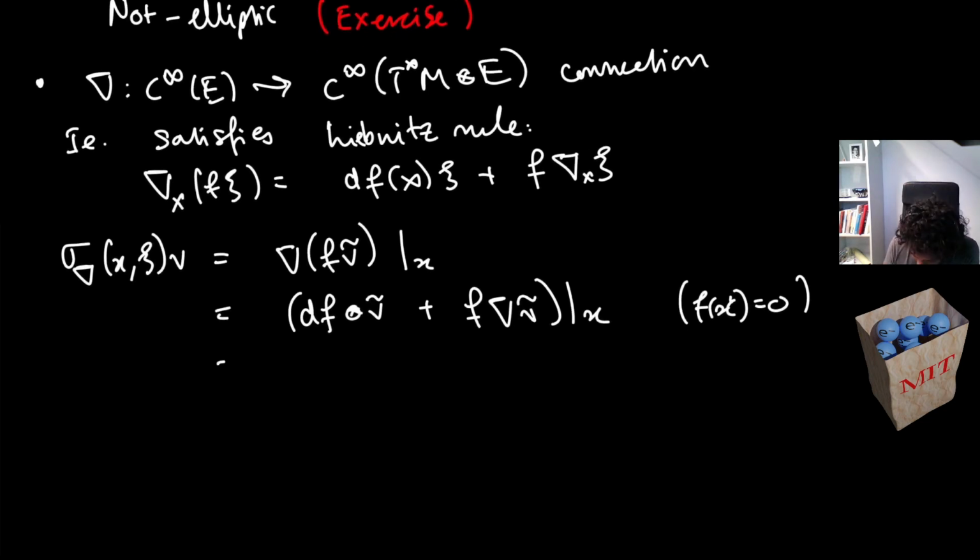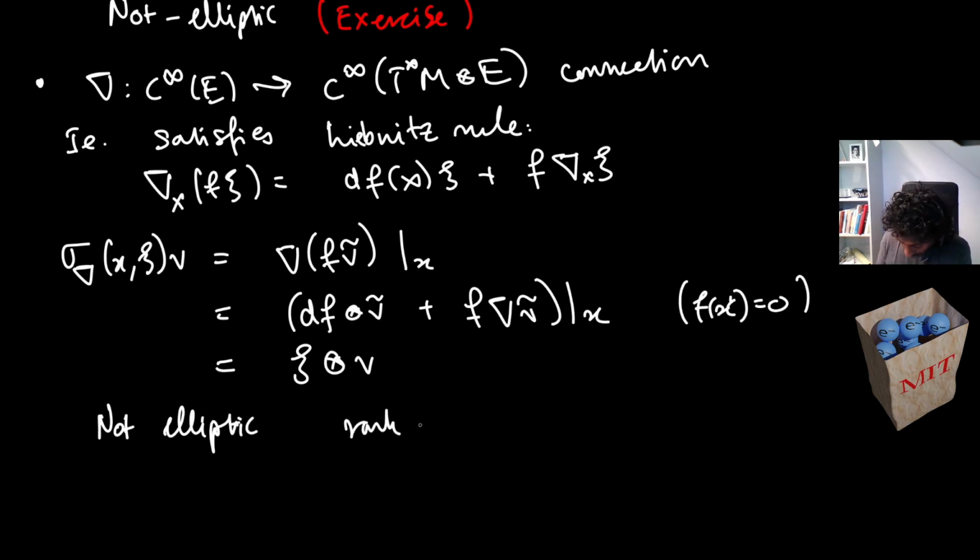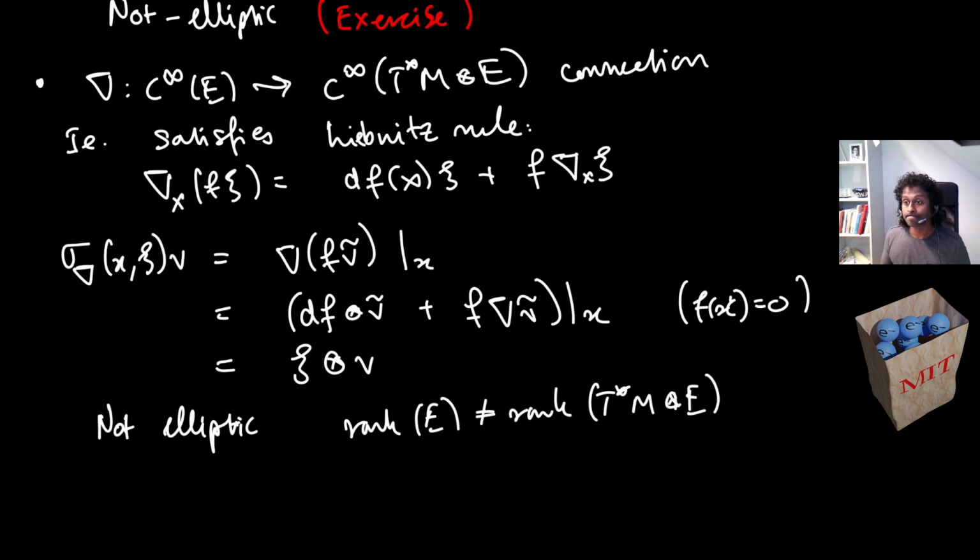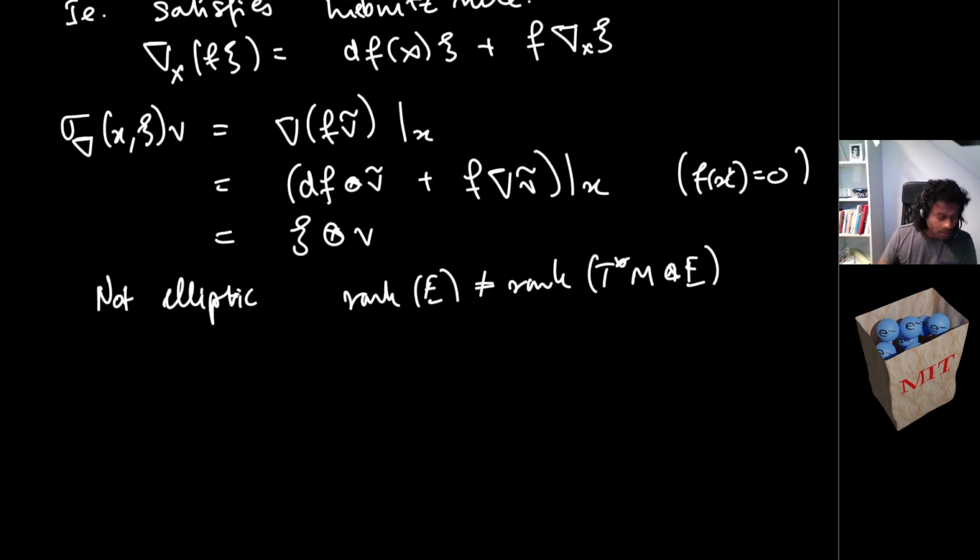Therefore, we get that this is exactly equal to psi tensor v. And of course, this is again non-elliptic, right? It's easy to see this because the rank of E will not be equal to the rank of T star M tensor E in general.